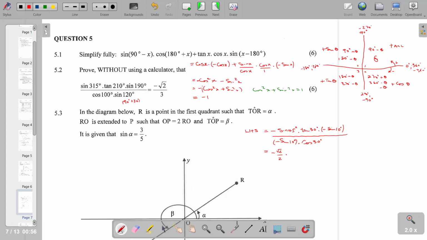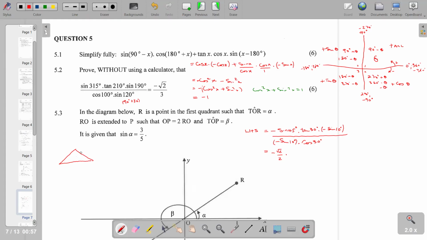Again, that tan 30, we are going to use the special angles. If we are to check from our triangle, let's quickly check because we are not using a calculator.